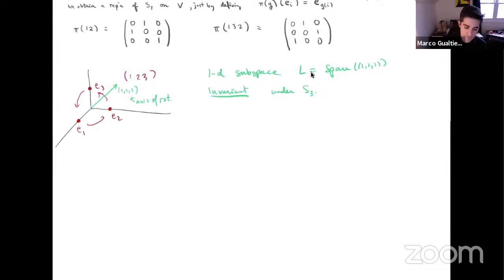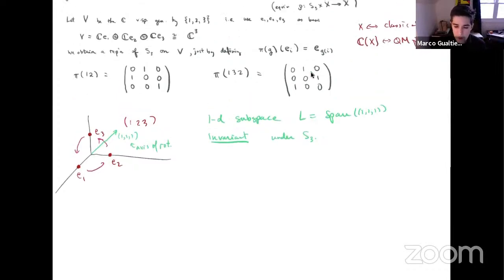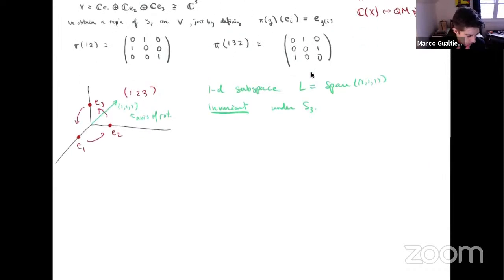And then there's another subspace. Let me try to draw it.